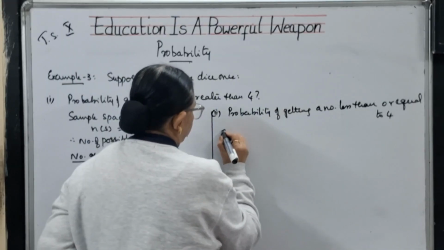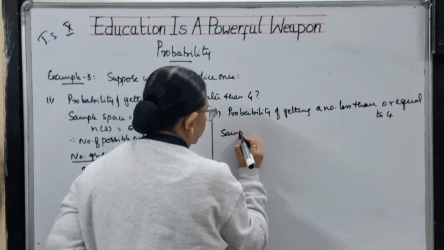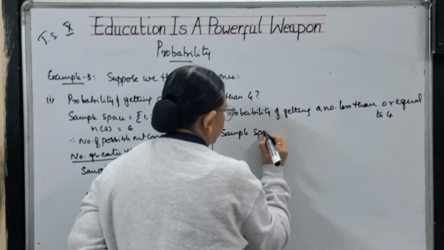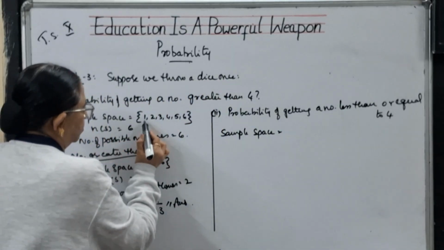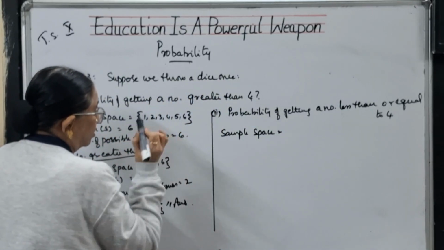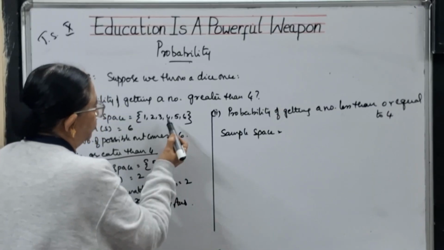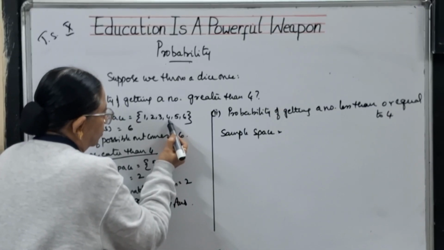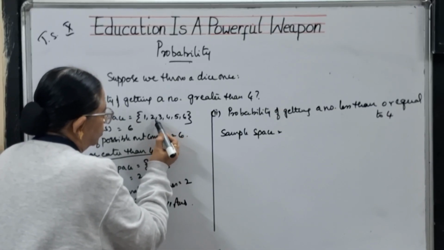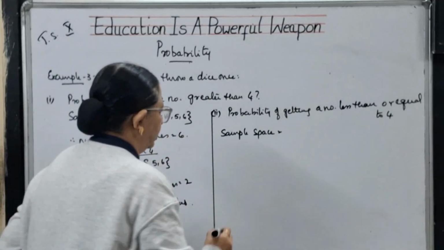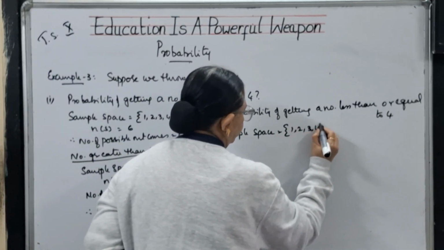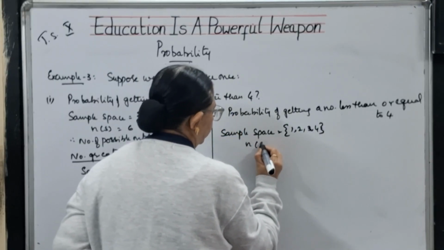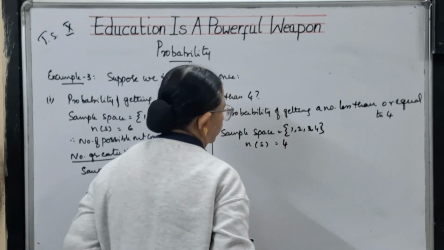So here, if you write the sample space, what is the sample space here? See, total possible outcomes are this. Less than or equal to 4 means right from 4, lesser values. 1, 2, 3, 4 you have to write. So this is nothing but 1, 2, 3, 4. That means n of S here is 4.